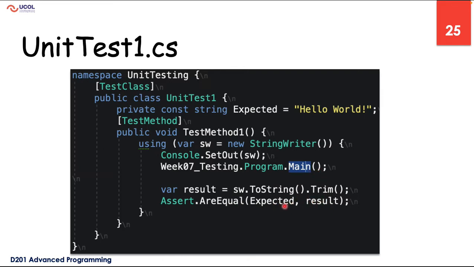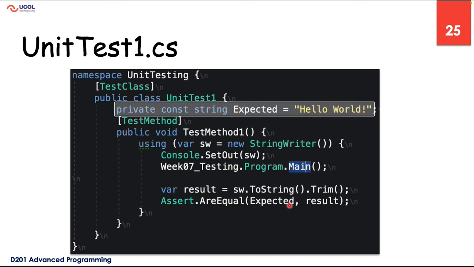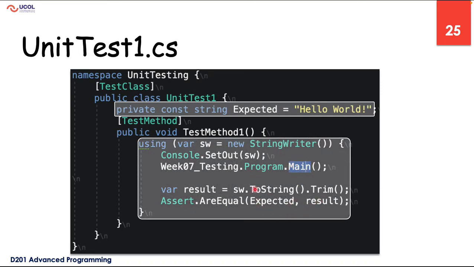If they are equal, it means we have a success, the test has passed. Otherwise, if they are not equal, the test should fail. Okay, so this is the expected outcome, and I have already explained this particular part of the code.